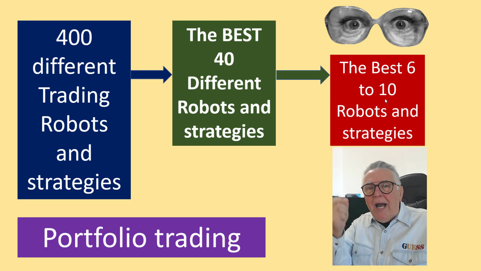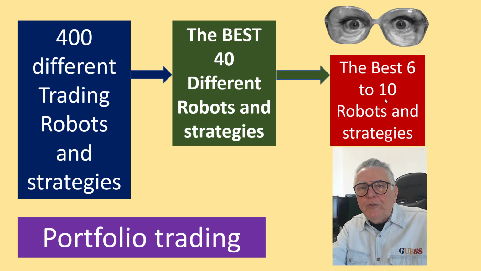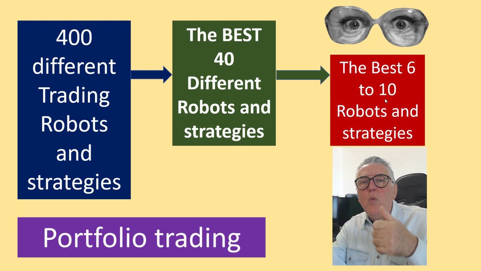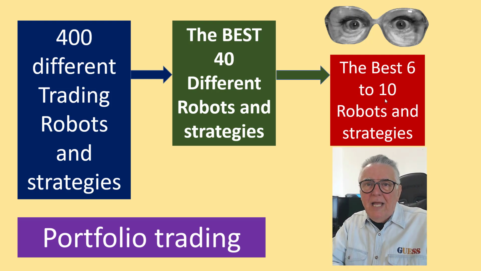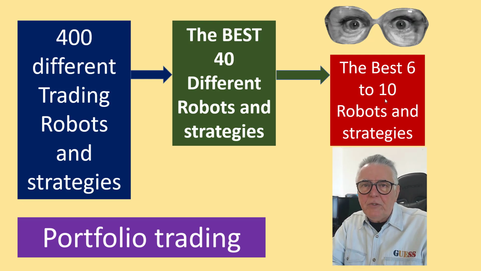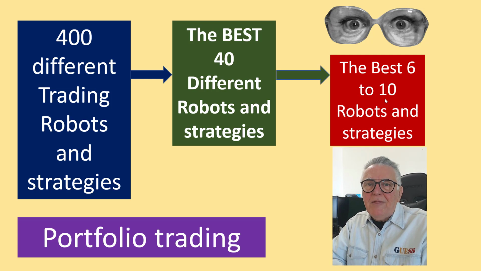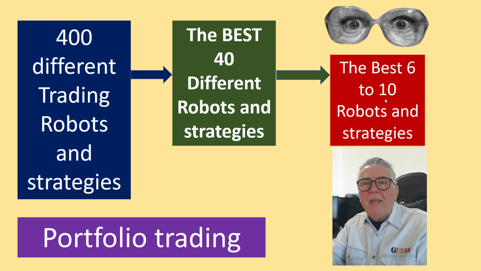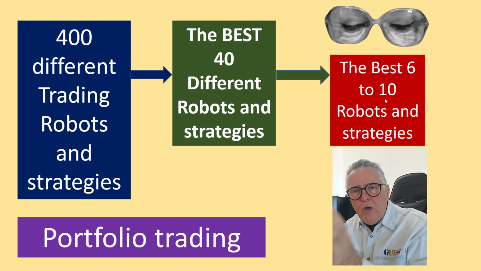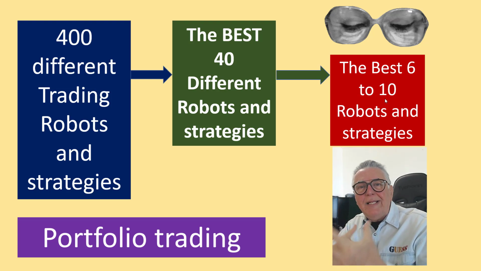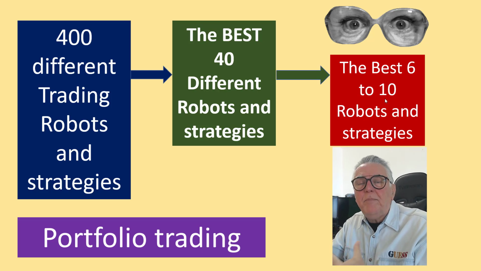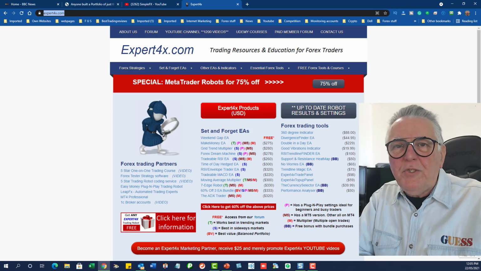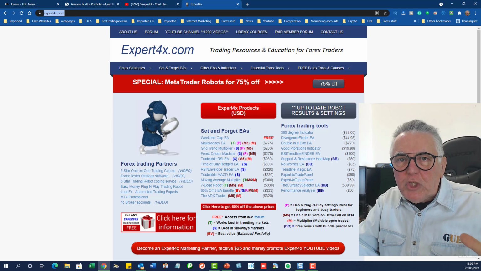You can't buy one robot, trade one currency with one set of settings and hope to achieve lasting success and build your whole financial career on that kind of approach. This is the approach that is sustainable and that advanced robot traders use to create an ongoing income and low risk portfolio.